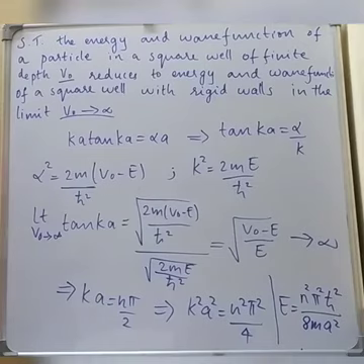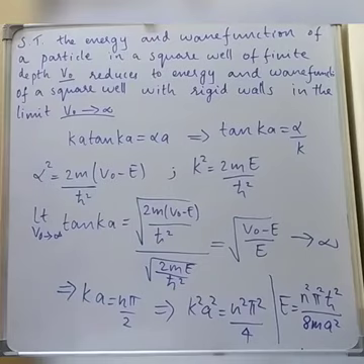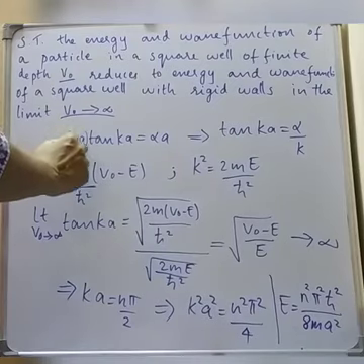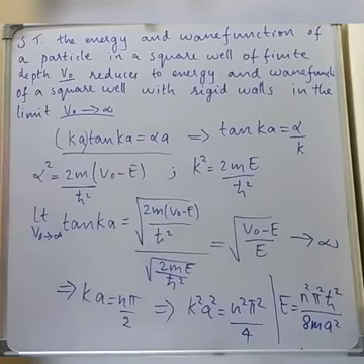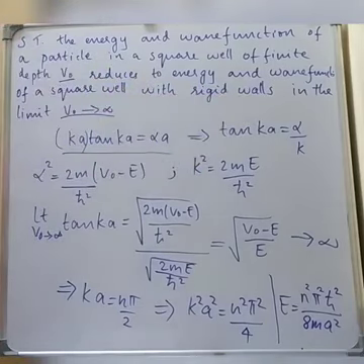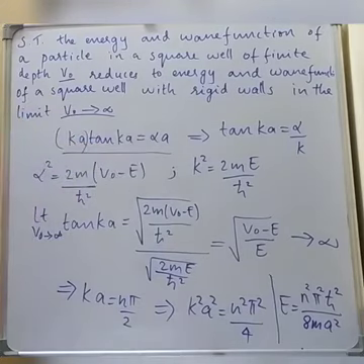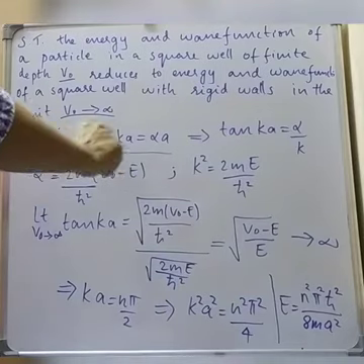So from the theory and basic conditions of solutions of the Schrodinger equation for a square well of finite depth, we have this condition: Ka tan Ka is equal to alpha A. Cancelling A, we have tan Ka is equal to alpha by K, where alpha and K take the values we identified while writing the Schrodinger equation.